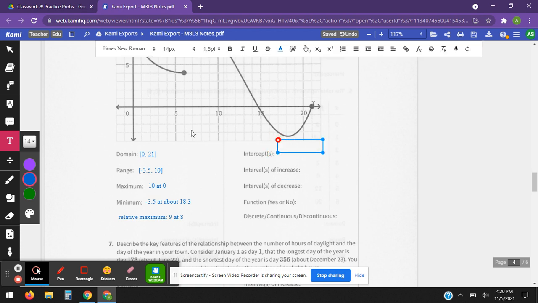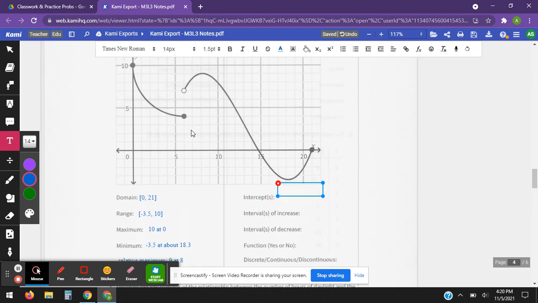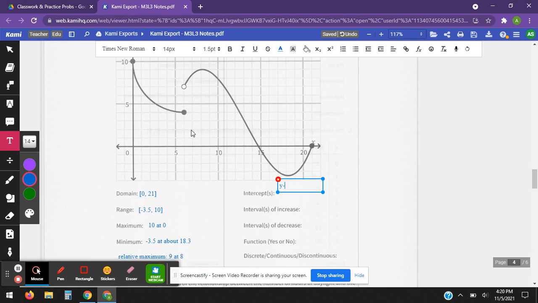Okay, intercepts. So our y-intercept is pretty obvious. It was at 10. So y-intercept is 0, 10. We do have two x-intercepts. And the x-intercepts, one is right here. So I'm going to have to estimate for this guy because I don't really know exactly where that's at, but it looks like it's past half, probably that, I'm going to say 14.7.